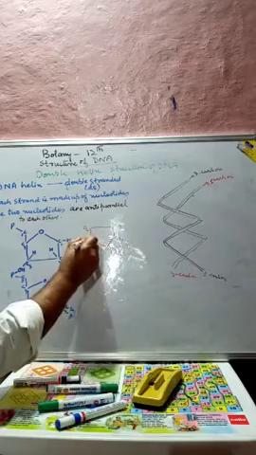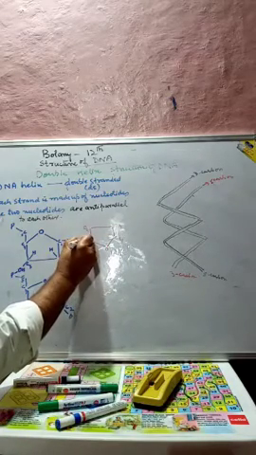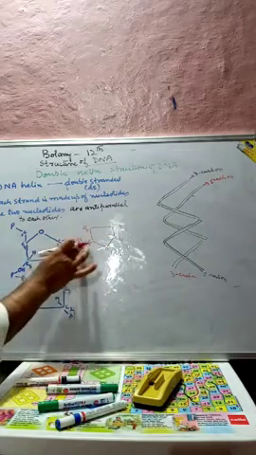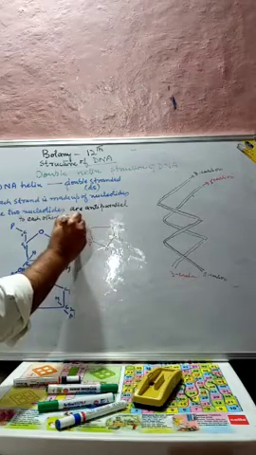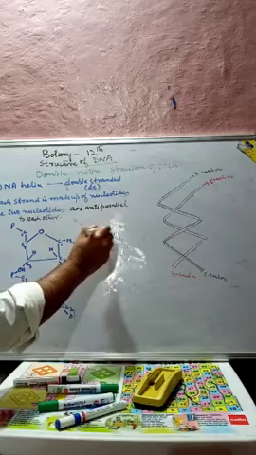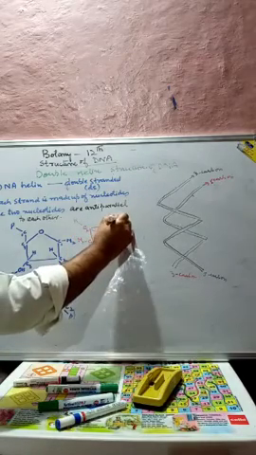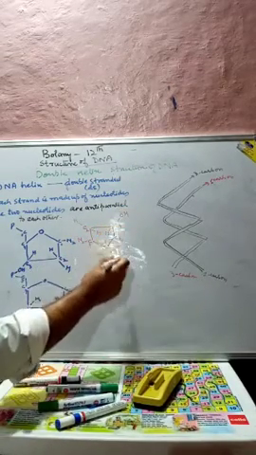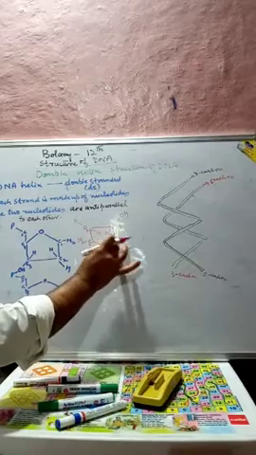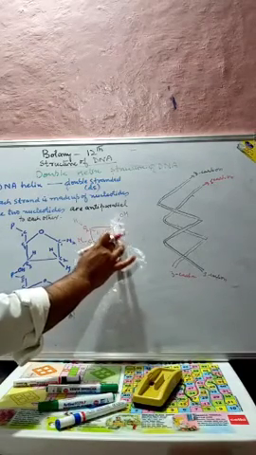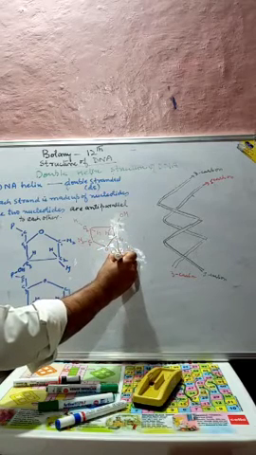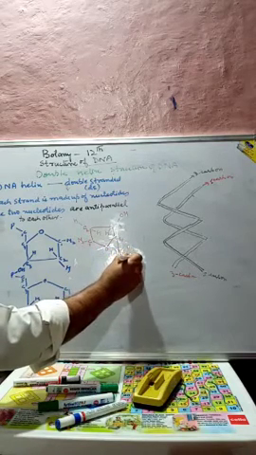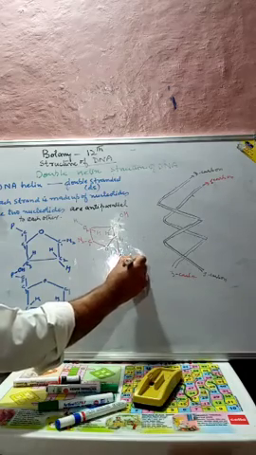See here. Now here we have the nitrogen base, this is the nitrogen base, this is the nitrogen base. Here it is H and H. Here it is H and a hydroxyl group. Now this is the carbon fourth, and this is the carbon fifth, C5, and it is the phosphate, P.